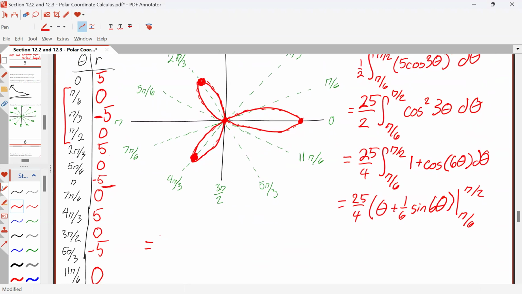And plugging in that upper and lower bound, we have 25 over 4 pi over 2 plus 1/6 sine 6 times pi over 2 is 3 pi.